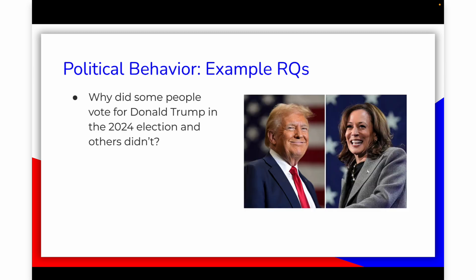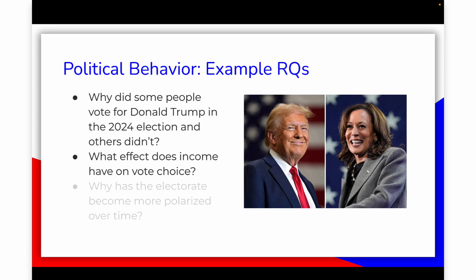Now, for political behavior, some example research questions in American politics is, why did some people vote for Donald Trump in the 2024 election and others didn't? Okay. That's a perfectly fine one, and I believe the data is released now for the 2024 election through ANES. Another one would be, what effect does income have on vote choice? These are all fairly straightforward.